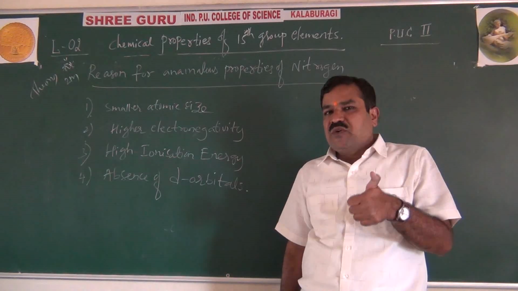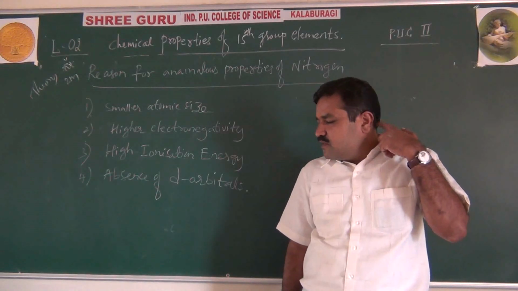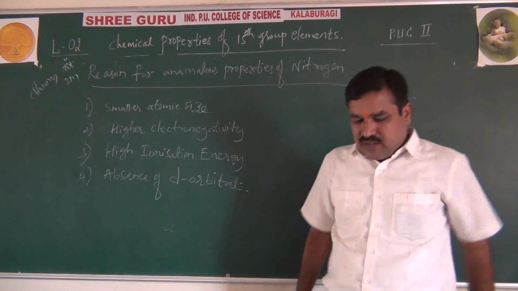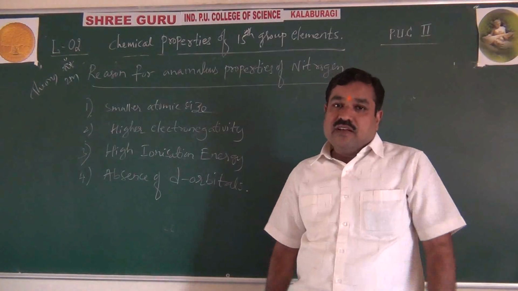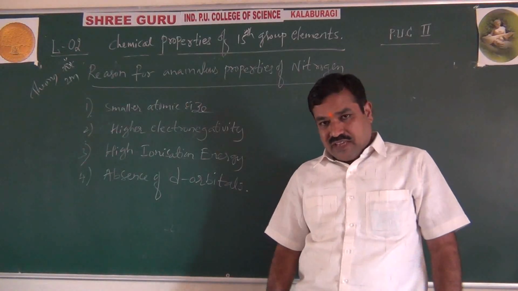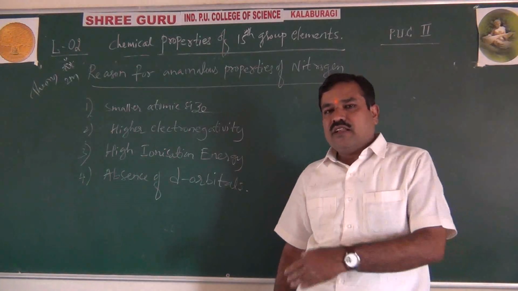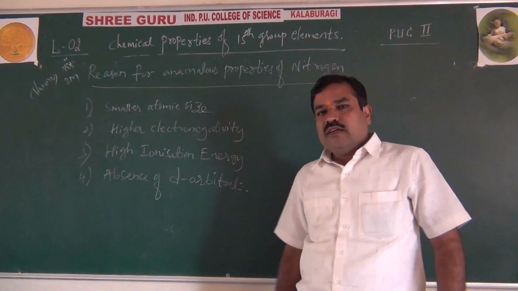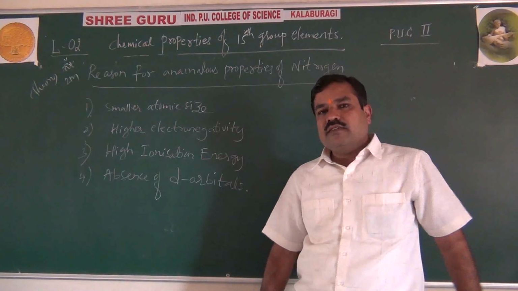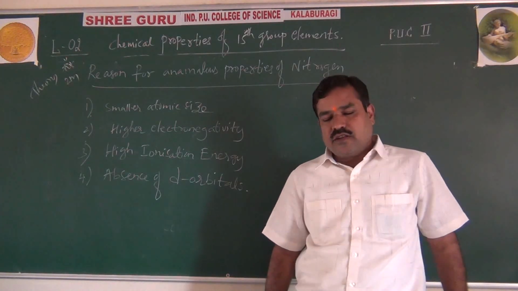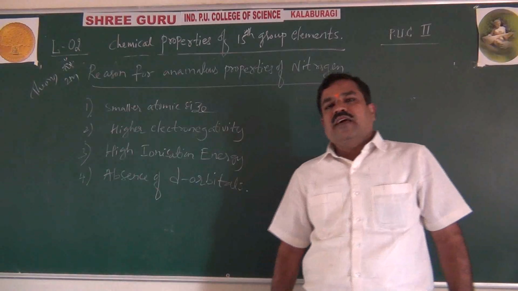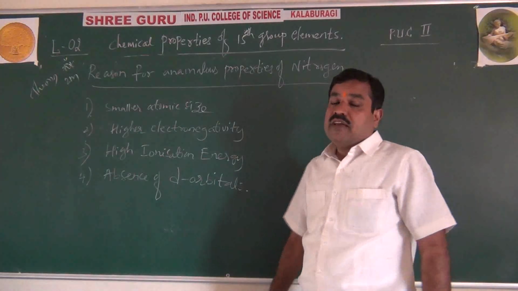Due to the inert pair effect, the +3 state becomes stable for arsenic, antimony, bismuth, and +5 becomes stable for nitrogen and phosphorus. Then reactivity with hydrogen, they form the respective hydrides. Reactivity with oxygen forms respective trioxides and pentoxides. Reactivity with halogens, respective trihalides and pentahalides. And reactivity with metals, they form binary compounds.